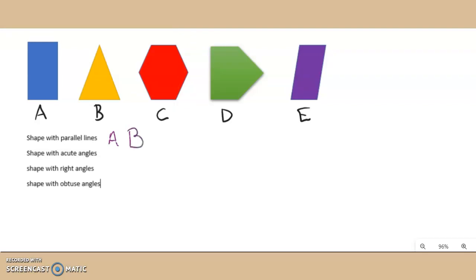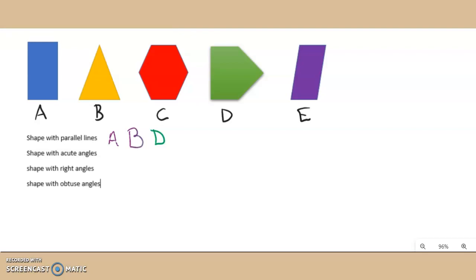Let's look at D. If I look at these two lines, they create an intersection. They cross each other. This line and this line also intersect. But if I look at this line and this line, they will go on forever in either direction and they will never touch. So D can also be considered parallel lines.